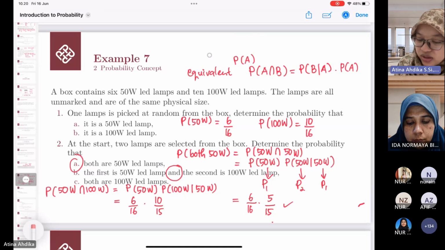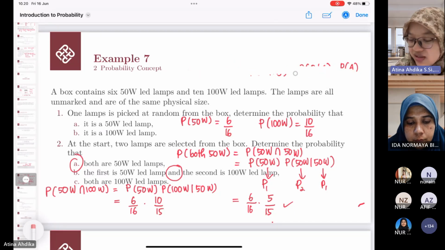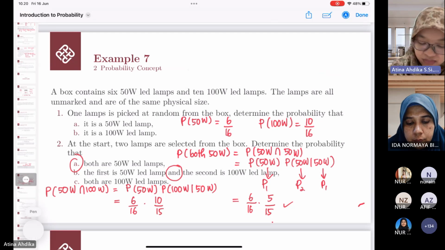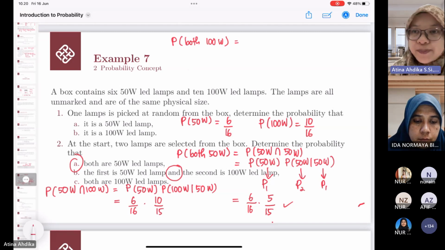Just for the last question, I want anyone to answer this question. Probability that both are 100 watt. So it is equal to... anyone?